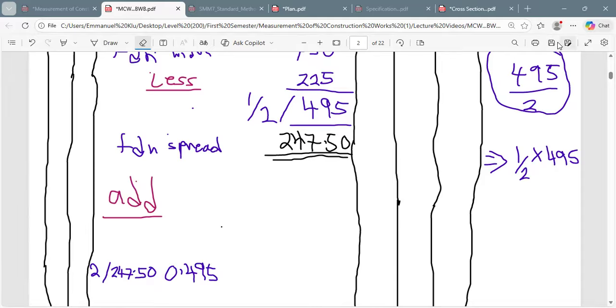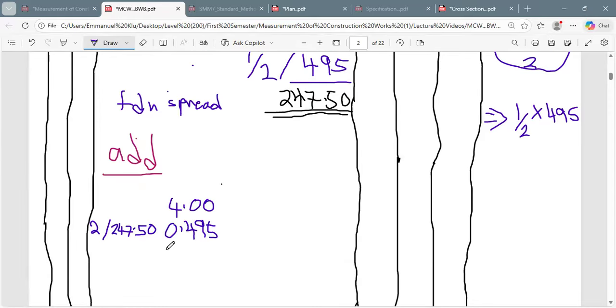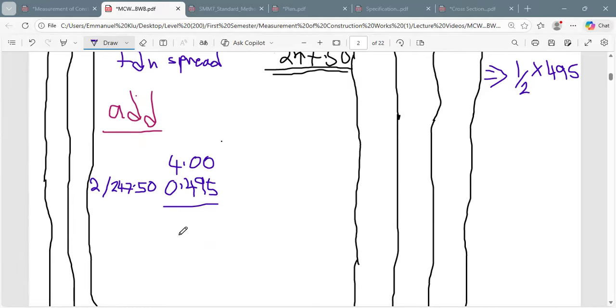So don't get confused. So let me quickly write it. This is 4.00. So if you add, this is going to give us 4.495 at this side.